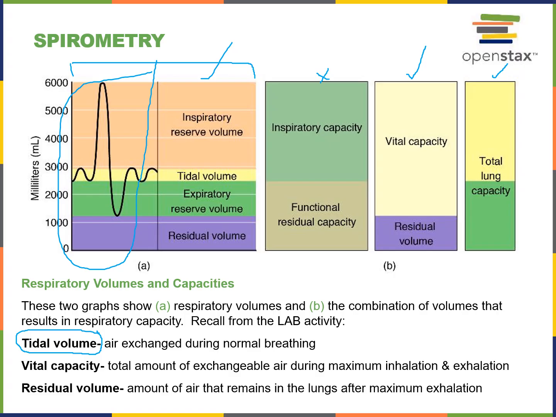So with a spirometer, you can measure the tidal volume for someone by asking them to breathe in and out normally first so that they're relaxed, and then taking the spirometer, before they put the spirometer into their mouth, and you always blow out into a spirometer.